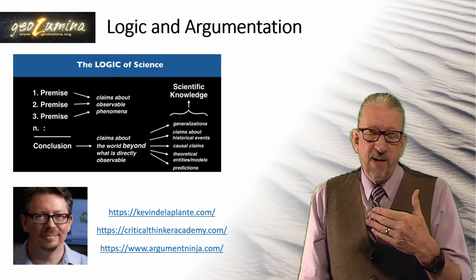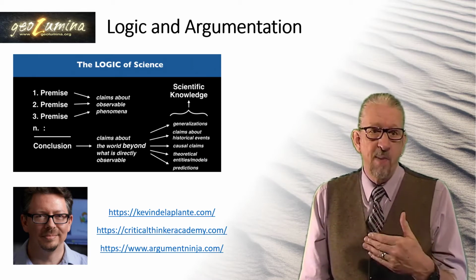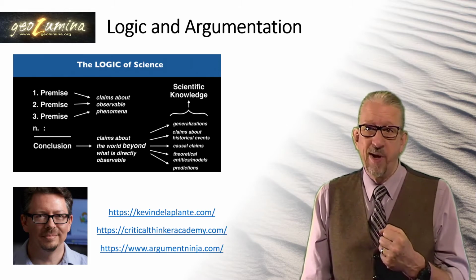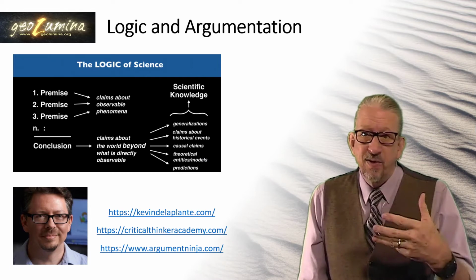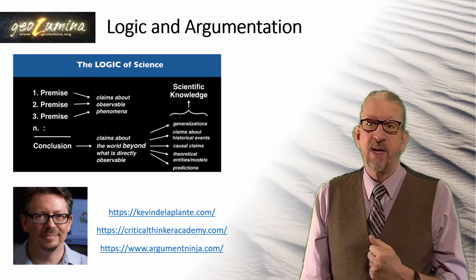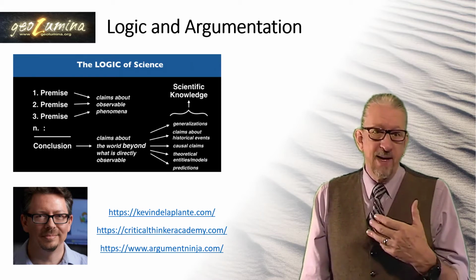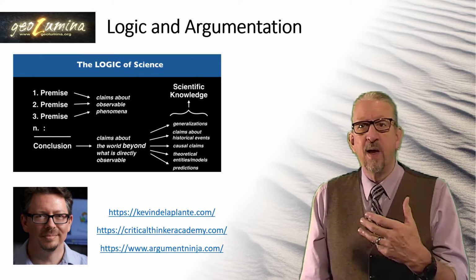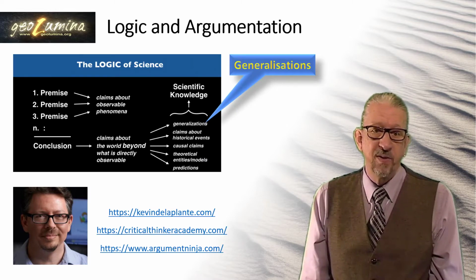So the logic is based on a whole series of premises, of statements of some observable phenomena. And all of those statements, the evidence, the premises, are used to make an argument to draw a particular conclusion. And that conclusion is then telling us something about the world beyond our direct observations.